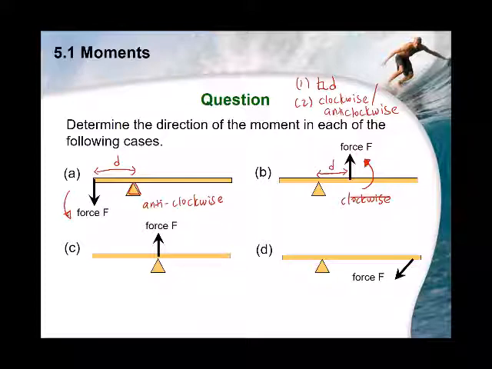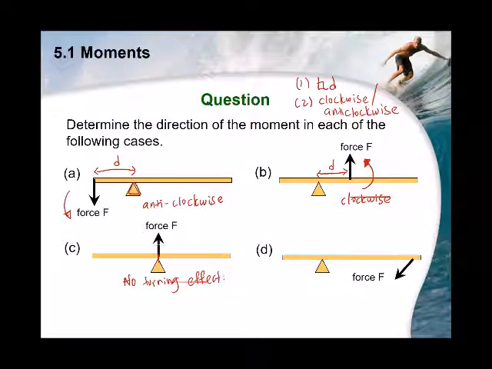Now, what about C over here? Where is the perpendicular distance? You will realize that for part C, there's no perpendicular distance because the force is exactly at the pivot. Since there is no perpendicular distance, there is no turning effect. If you do an experiment, you will find that that is true.